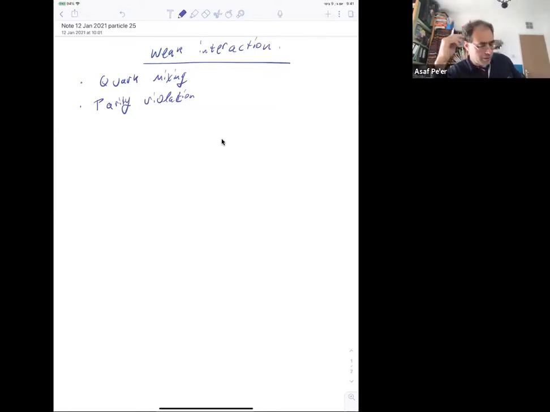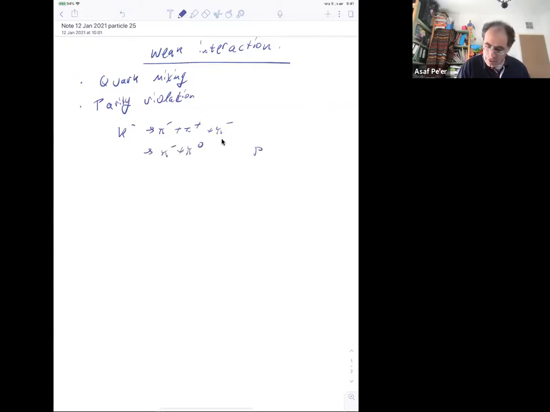In kaon decay, the kaon can decay into a 3 pion state, K minus to pi minus plus pi plus plus pi minus, with a parity of -1, and also to 2 pions, a pi minus plus a pi 0, with a parity of +1. Initially it was thought these were two separate particles, called the theta and the tau, but we know today it's the same particle.